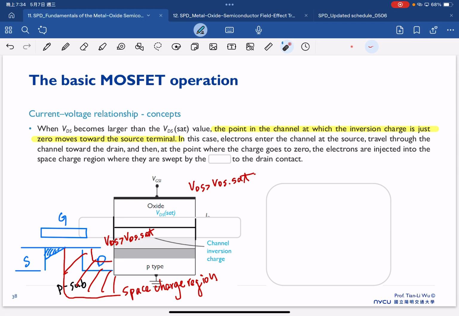This is the case where our VDS is larger than our VDS set, and we give a high bias to reverse bias this PN junction, and then our depletion region is increased, and this depletion region increase will in the end push the inversion layer far away from the drain side and become like in this case as shown here.